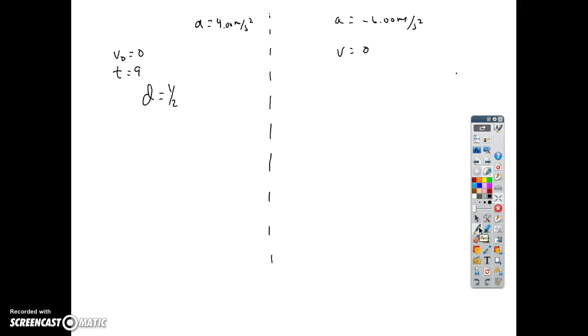All right, keep it up. 4 times 9 squared plus what's my initial velocity? 0 times 9. Put it in my calculator. You got 162 meters. Great.